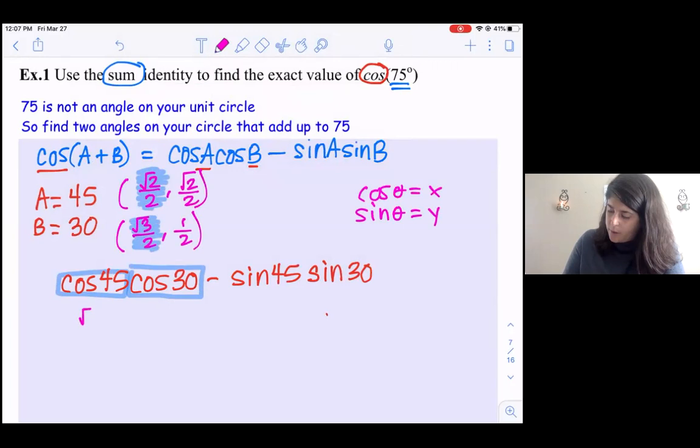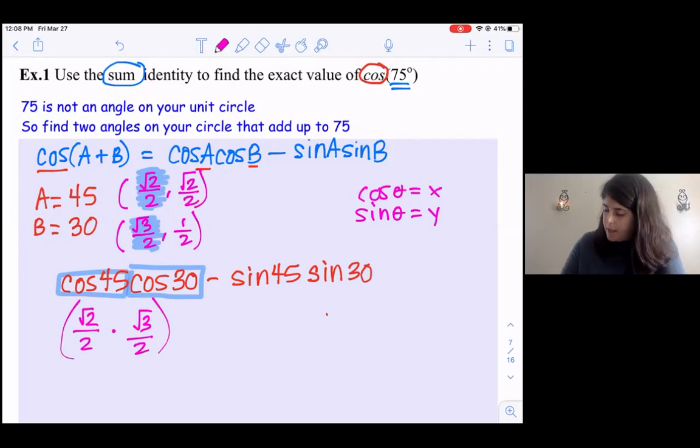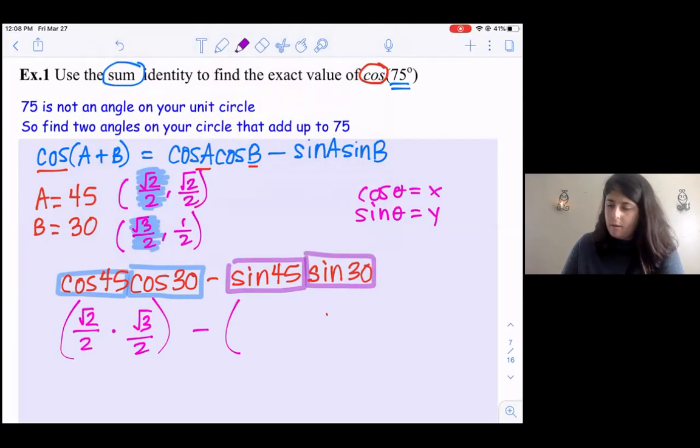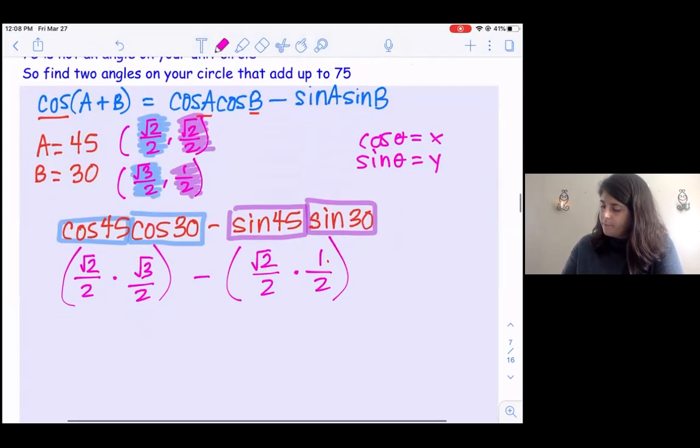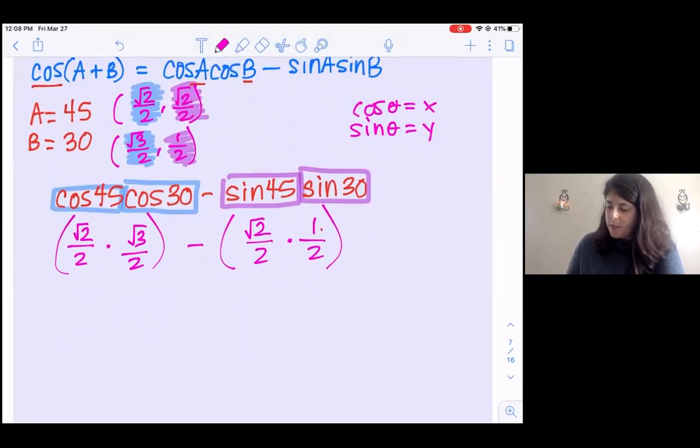So this is square root of 2 over 2 times square root of 3 over 2. Then minus, and the sine of 45 and the sine of 30 are square root of 2 over 2 and 1/2. So that is square root of 2 over 2 times 1/2. Now I'm going to multiply what's inside my parentheses. So this is square root of 6 over 2 minus square root of 2 over 2.